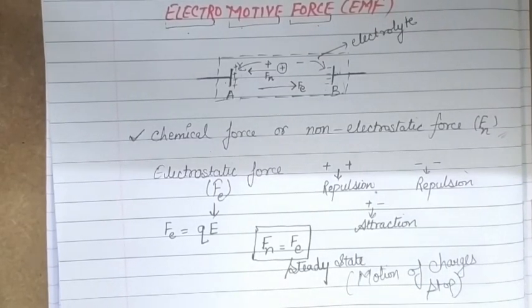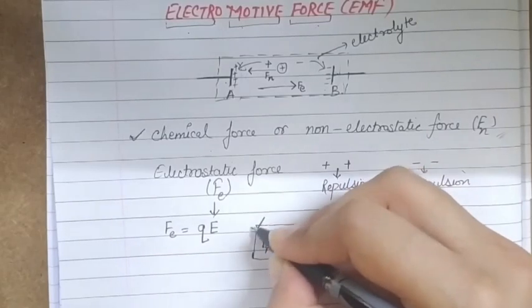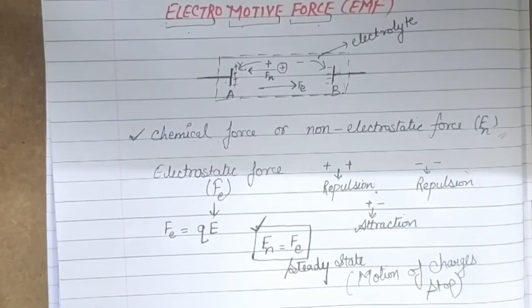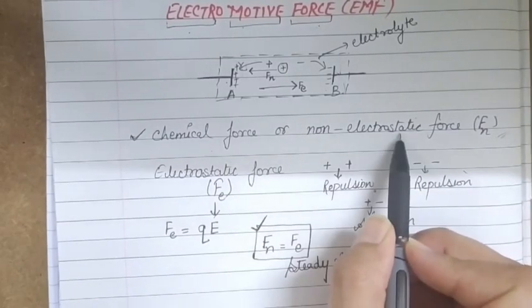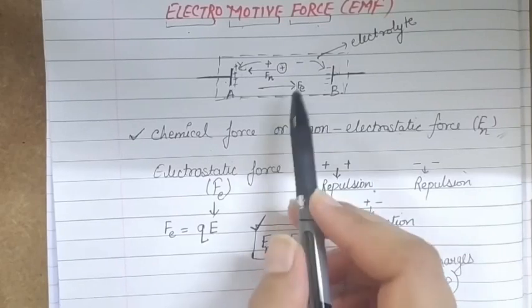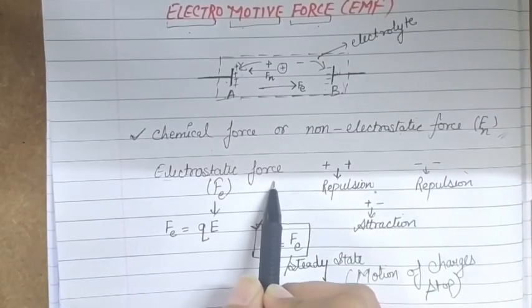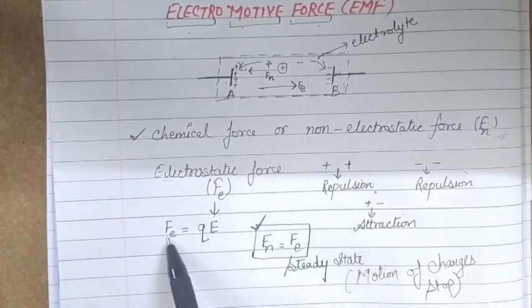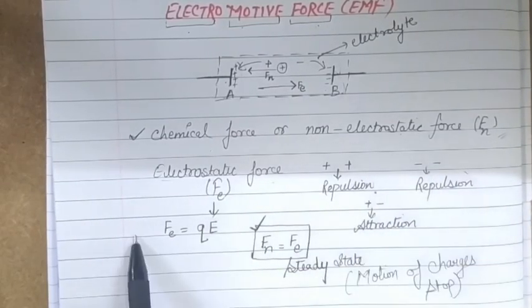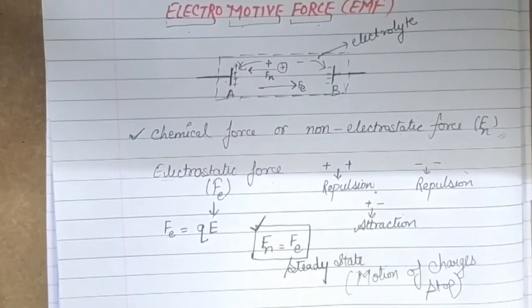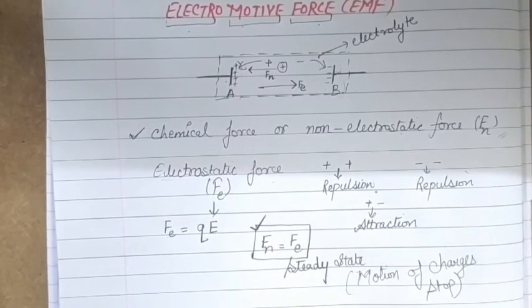Okay, so while achieving this state, positive charge moves towards the positive terminal because of the non-electrostatic force, and positive charge moves towards the negative terminal because of the electrostatic force. And at the point where these two forces balance each other, we achieve a steady state, and there will be no motion of charge because of these forces.